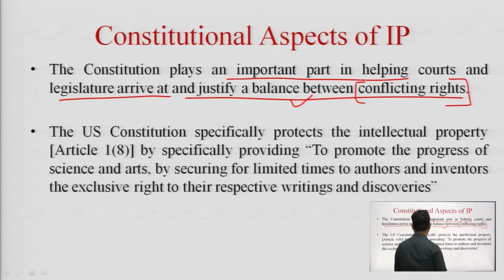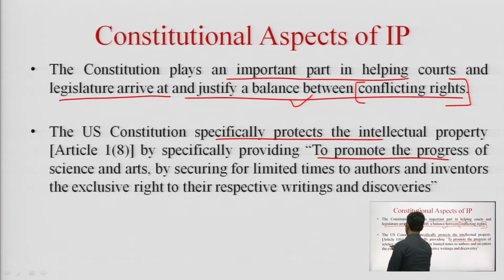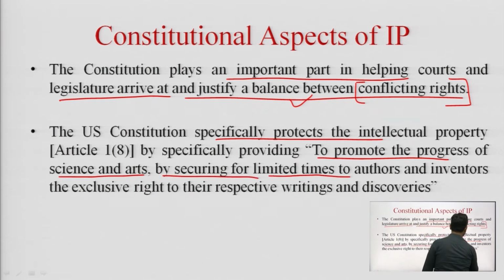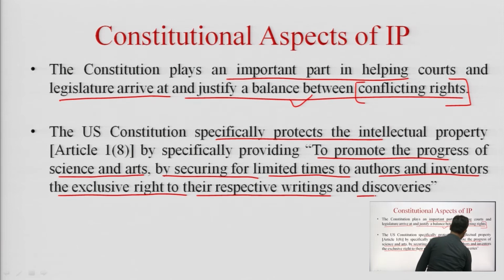so that this should justify a balance between conflicting rights. The US Constitution specifically protects the intellectual property under Article 1(8) by specially providing to promote the progress of science and arts by securing for limited times to authors and inventors the exclusive rights to their respective writings and discoveries.